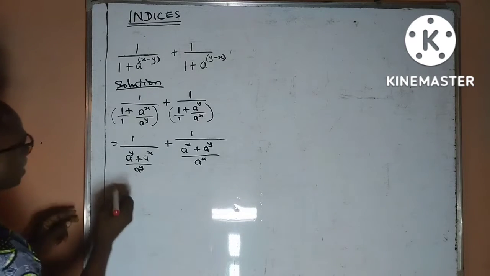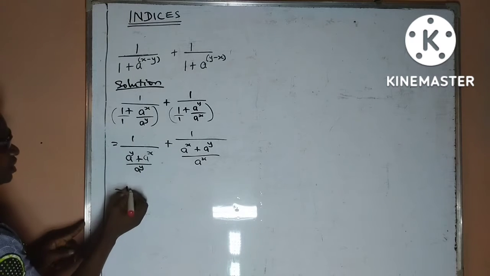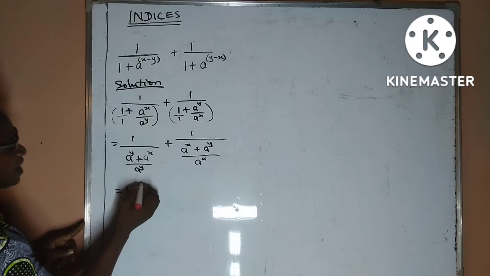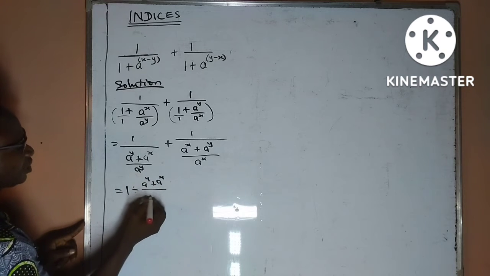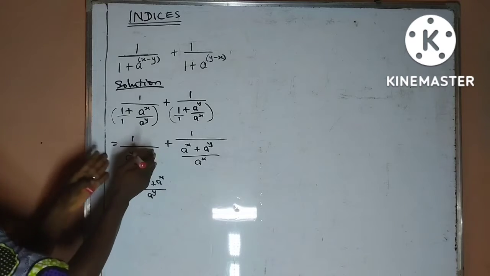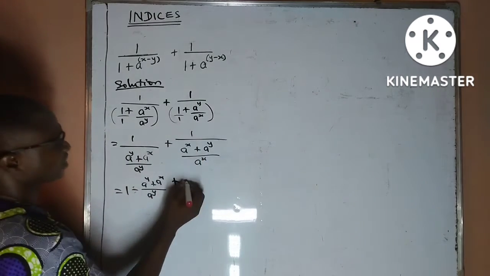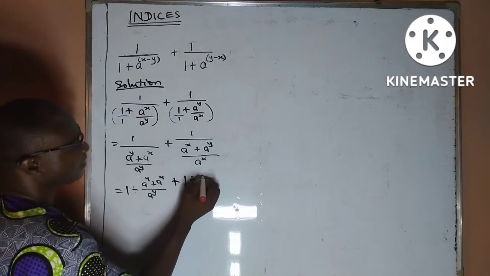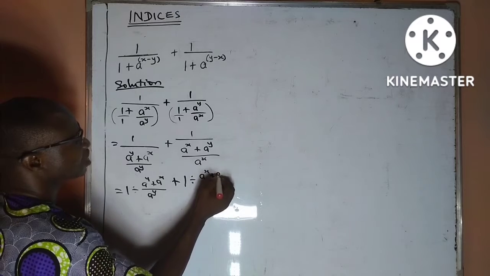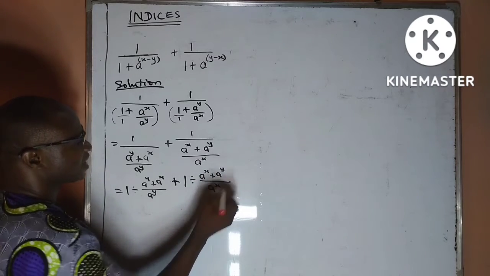Now moving forward, I am going to have this one. This line is the division line, divided by a raised to the power y plus a raised to the power x all over a raised to the power y. That is what I have on the left hand side. Then this plus sign, 1 still divided by, that is the division line, divided by a raised to the power x plus a raised to the power y all over a raised to the power x.